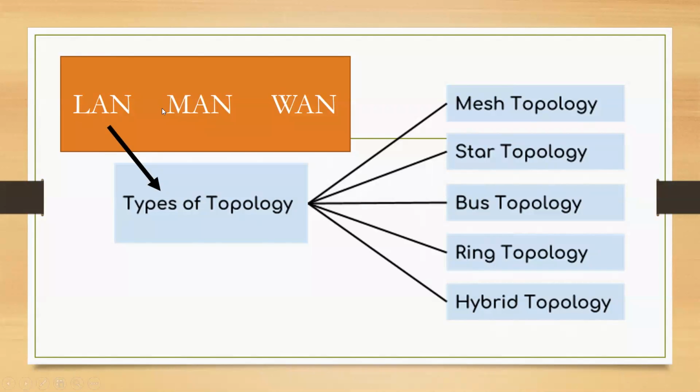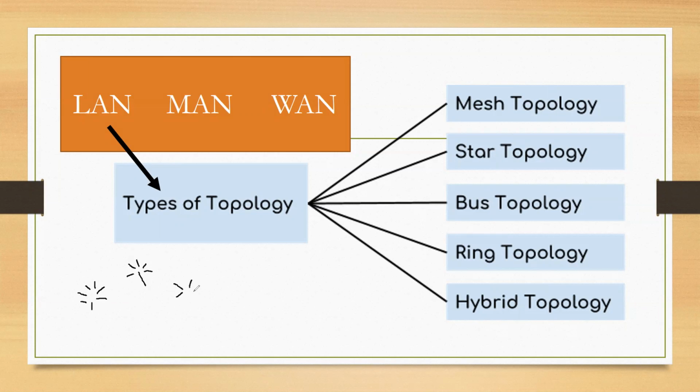If there are some LANs situated in nearby cities, think about one LAN situated in Piliyandala, another local area network situated in Kotte, and another LAN situated in Maharagama.